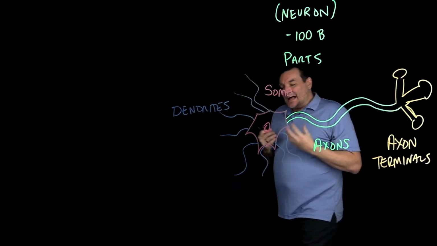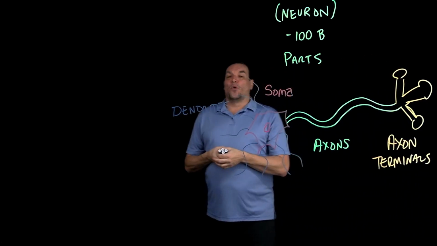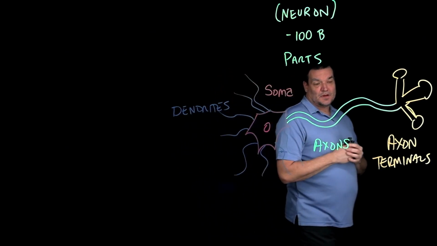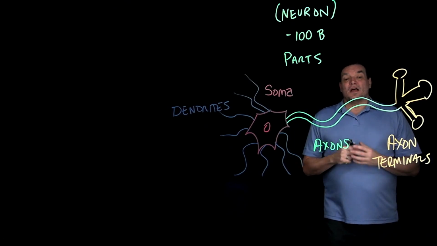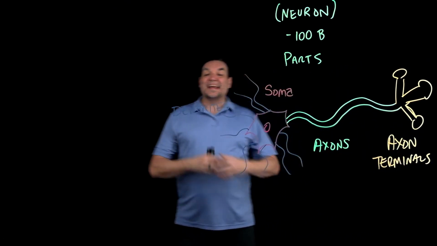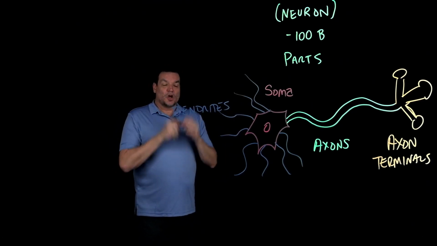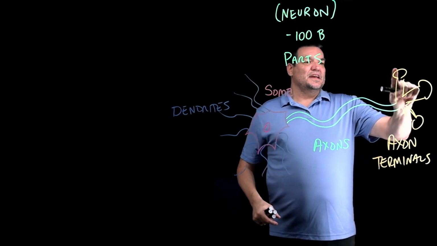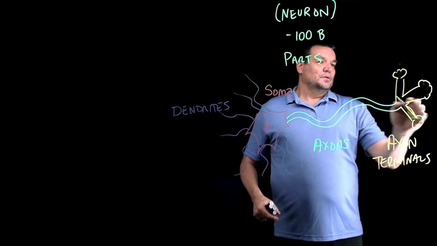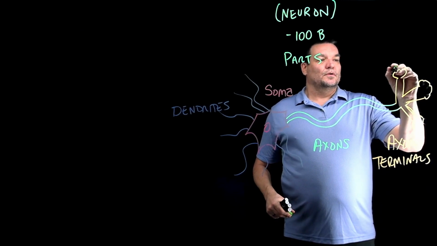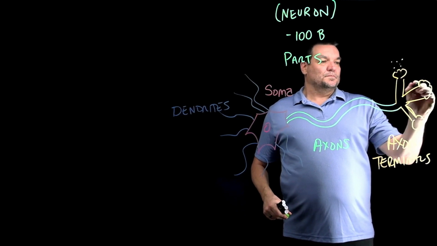And inside that axon terminal is a series of important chemicals: sodium, potassium, and calcium. This sodium, potassium, and calcium undergo a variety of chemical reactions, causing these buttons to rupture and spill out their contents.